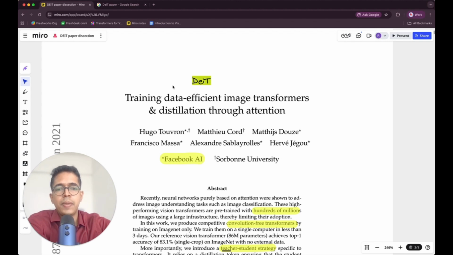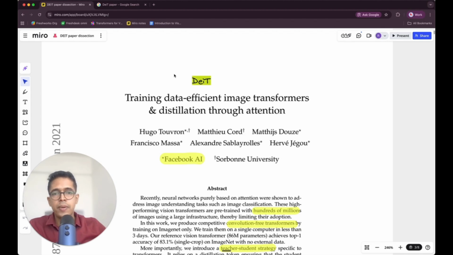But I think this paper will teach you a lot, especially the distillation token and the ideas about how to perform knowledge transfer from one model to another through distillation. These are all interesting concepts.